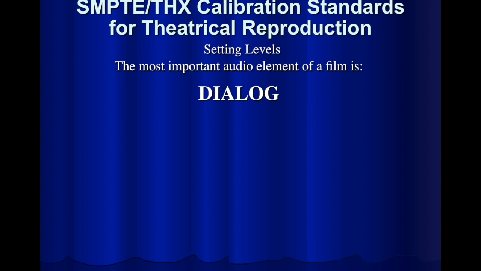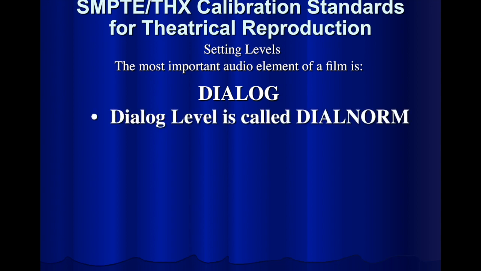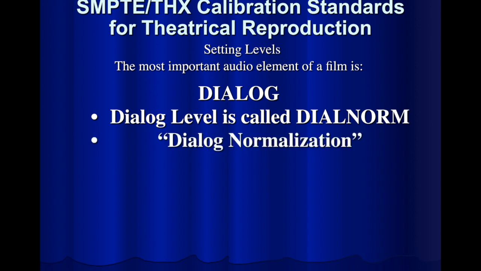So the dialogue level is known as dial norm. And dial norm stands for dialogue normalization. You have to normalize the dialogue for each specific scene. And this is obviously not something you can go into Pro Tools and click on a clip and go, normalize. No, that's not going to work.